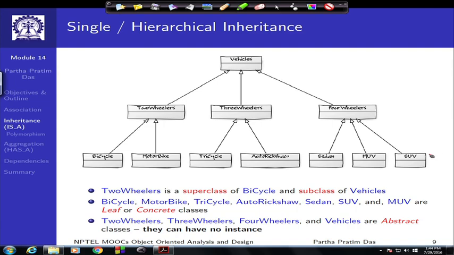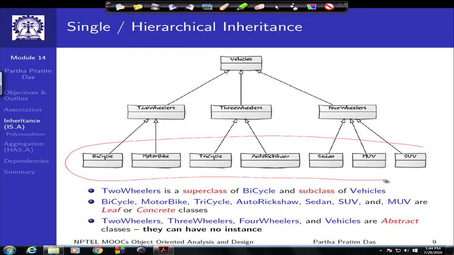With this example I will show you why such an abstract notion is required for classes. But one point that I would like to highlight here is, in this example all leaf classes are concrete, which will always be the case, and here all non-leaf classes are abstract. Now, this part is incidental.